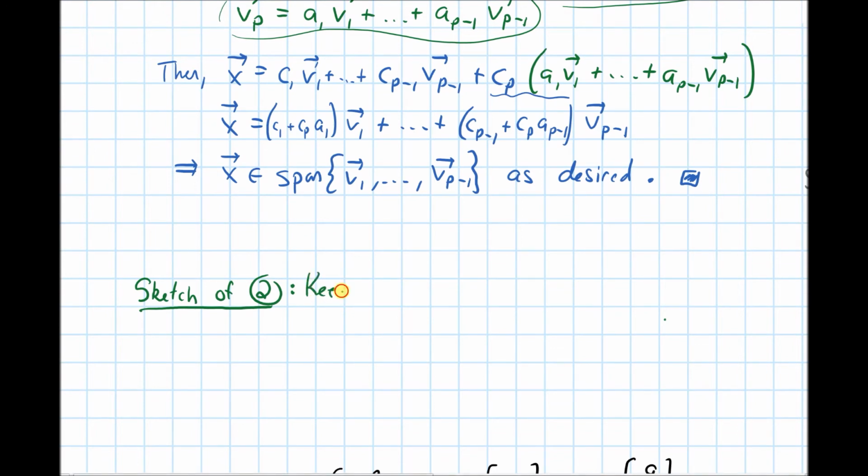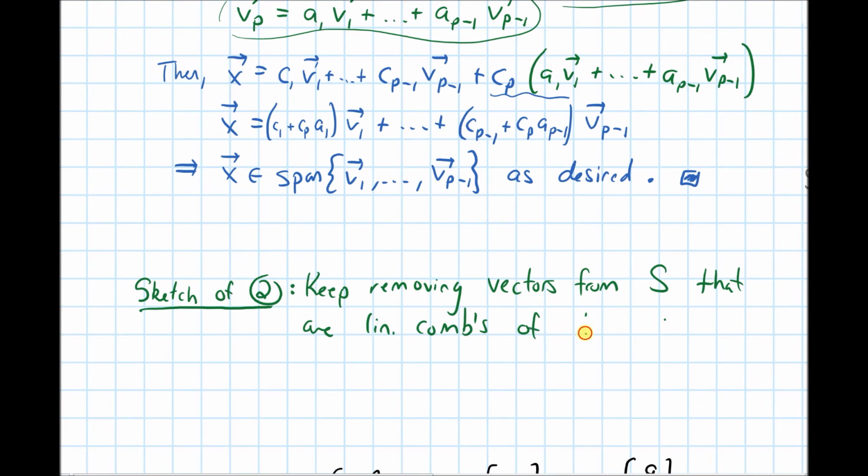So we're just going to keep removing vectors from S that are linear combinations of the others. And I know by part 1 that we just showed that's not going to change the span.